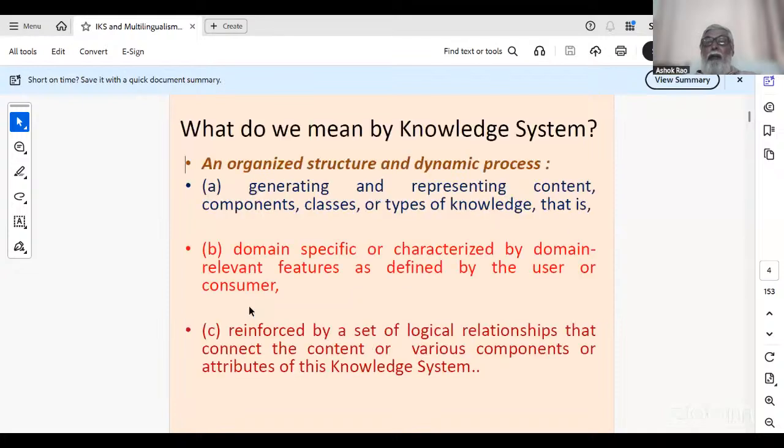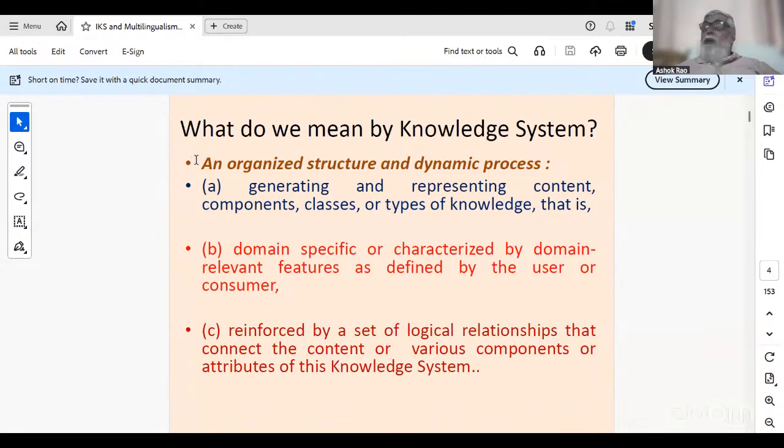So what do we mean by a knowledge system? This is not just IKS, any knowledge system. Knowledge system has 2 main features. One is that it's an organized structure and also has a dynamic process in it. And these 2 words are slightly contradictory for those who are already aware, and I'll come to that little later.